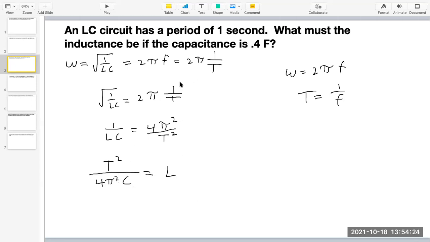So I'm just plugging in 1 second and 0.4 farads. I got 0.0633 henrys. Good on this.